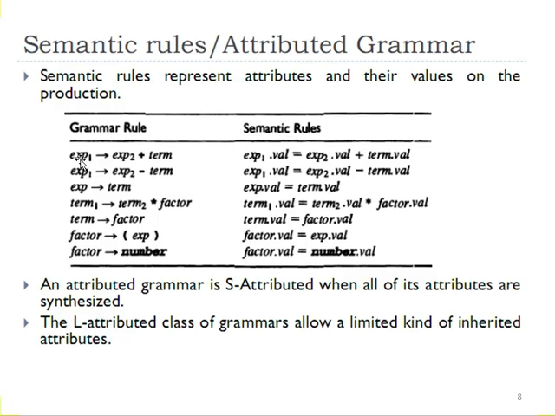So the attribute val is attached to the grammar symbols, both on the right hand side and on the left hand side. So as you can see, the attribute val value is computed from the children, because here expression 2 plus and term are the children of expression 1.